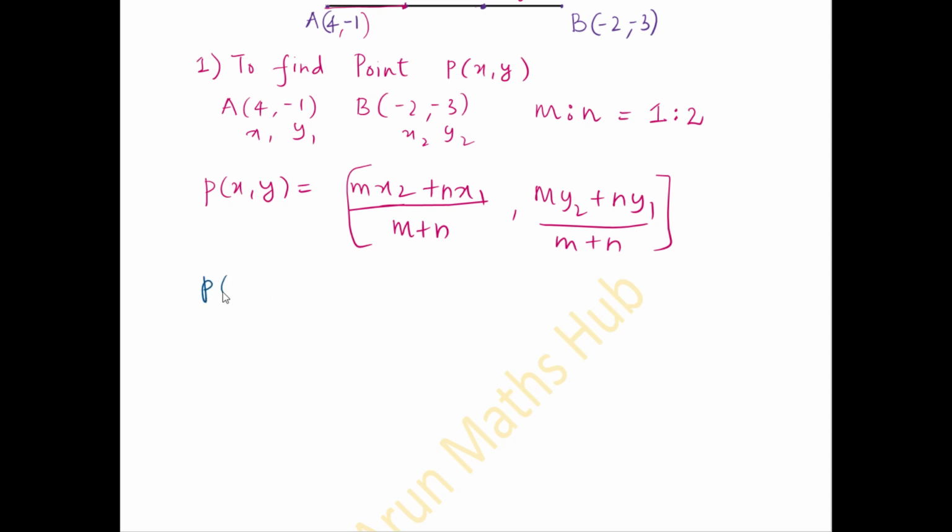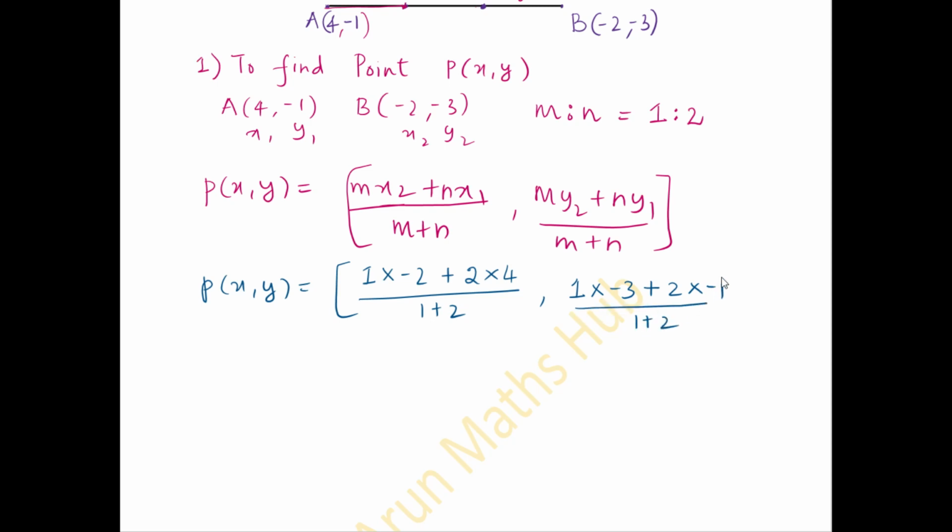P(x, y) equals m is 1 into x2 is minus 2 plus n is 2, x1 is 4, divided by m plus n is 1 plus 2, comma, m is 1, y2 is minus 3, n is 2, y1 is minus 1, divided by 1 plus 2.